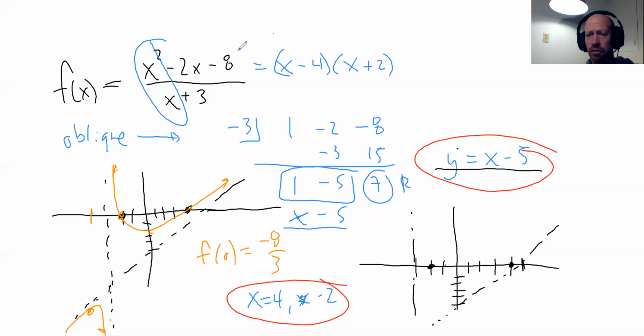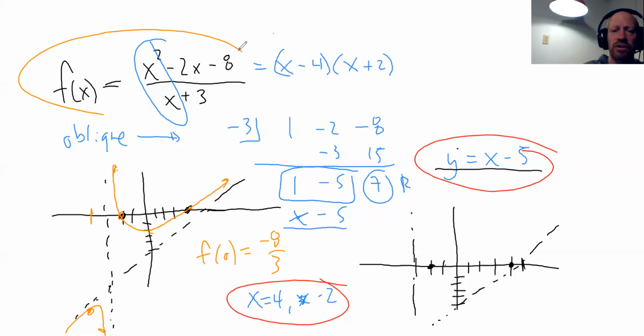So that's a good sketch of this function. It shows the oblique asymptote, the correct x-intercepts, the correct vertical asymptote, and the right behavior of the function near each of those features. So that's what I'm looking for if I ask you to come up with a graph.